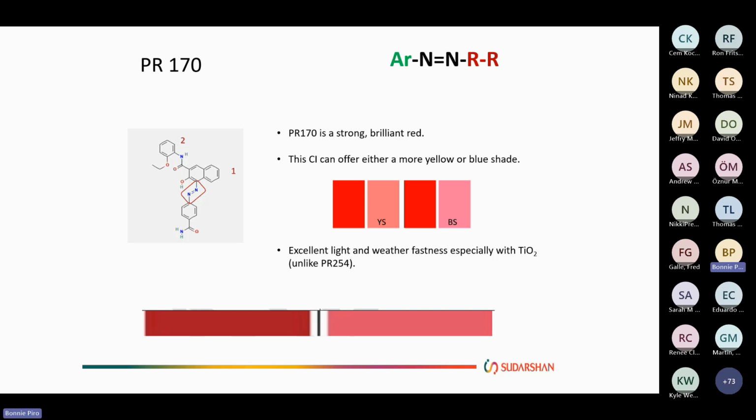The Red 170 also offers yellow shade and blue shade versions so that you can get to where you need to be. This type of chemistry does have great light fastness and weather fastness, especially with respect to TiO2 in the very pale pastel type shades. It has a better response than the Pigment Red 254 in those very light pastel shades.